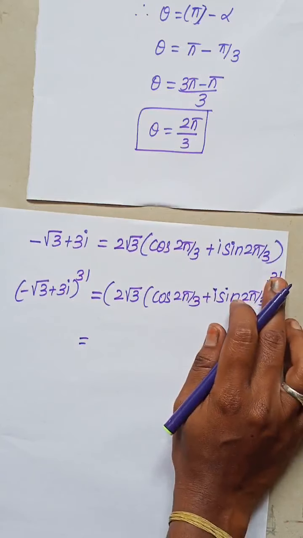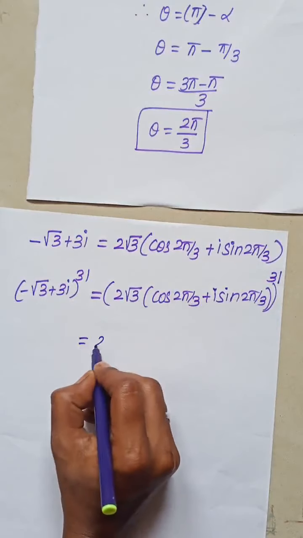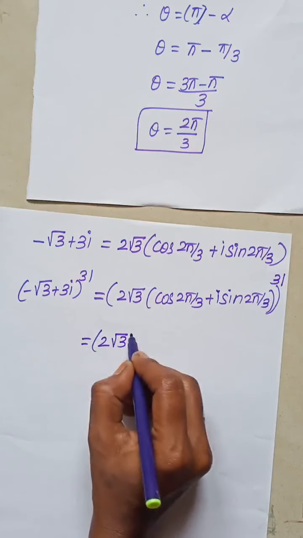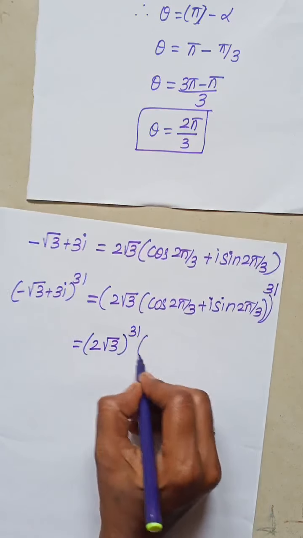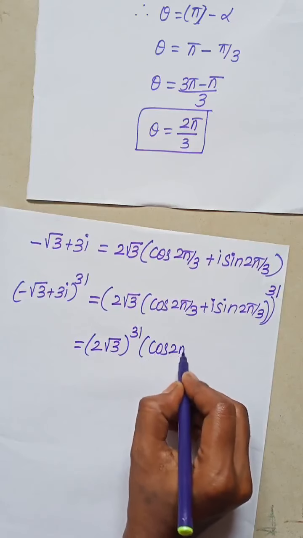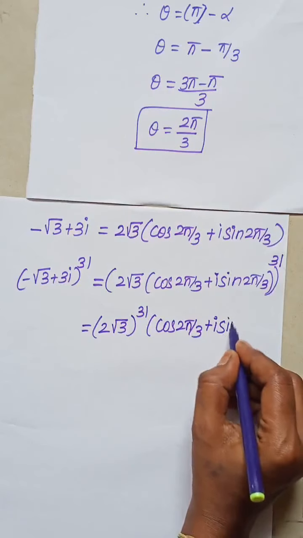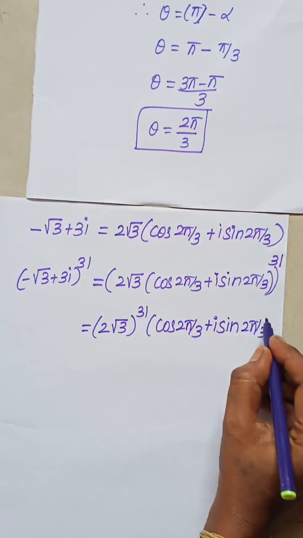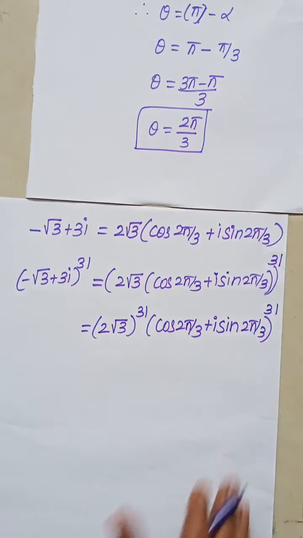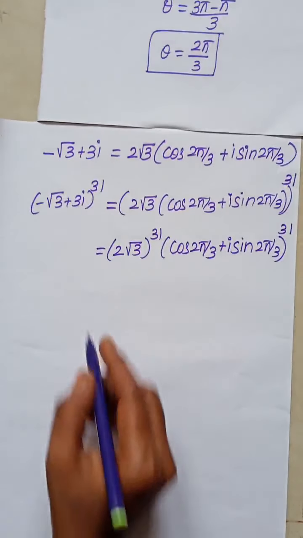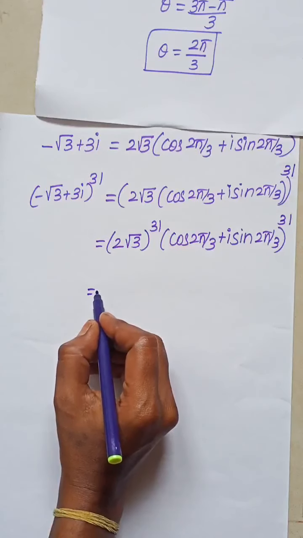The whole power is written separately: 2 into root 3 the whole power 31 into cos 2 pi by 3 plus i sin 2 pi by 3 the whole power 31.